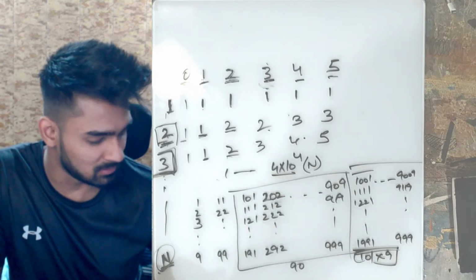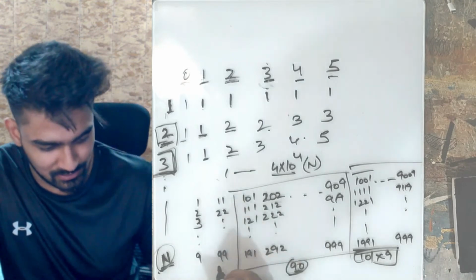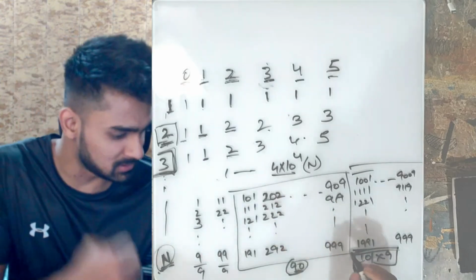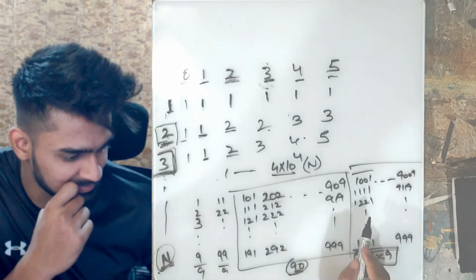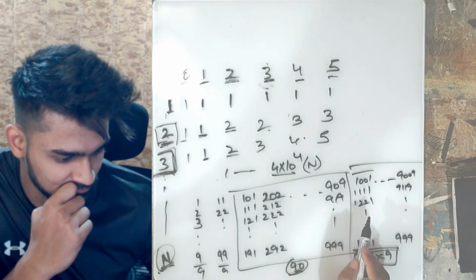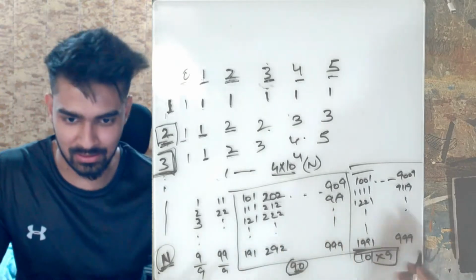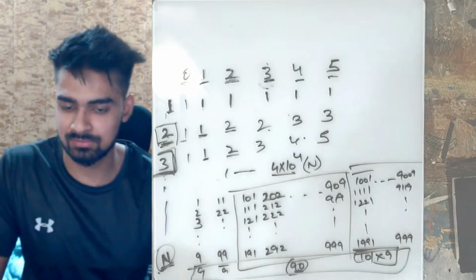These are 9 cases and these are 9 cases. Did I miss anything? I think I'm missing some cases. Anyways, whatever cases I'm missing, I'm pretty sure that the sum of all these values will be very small.